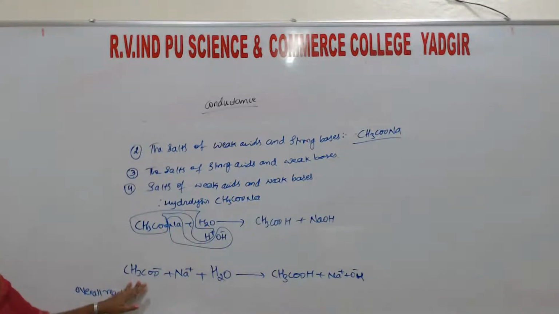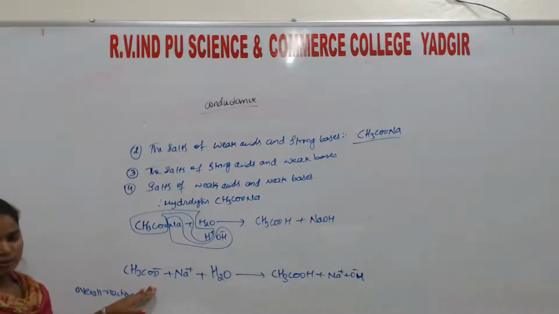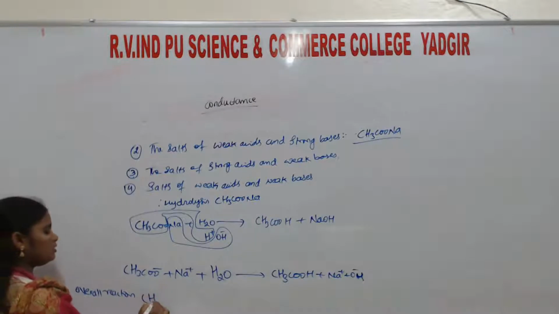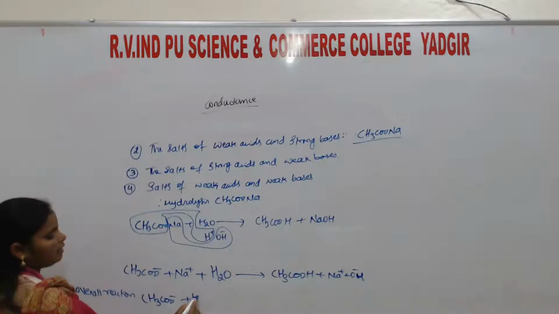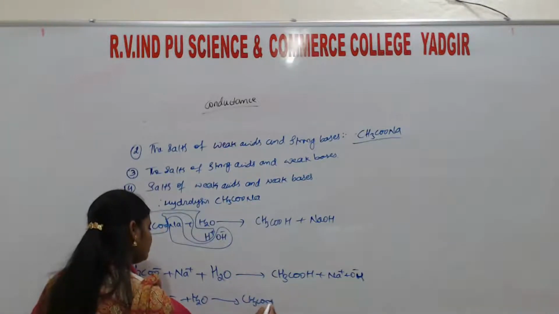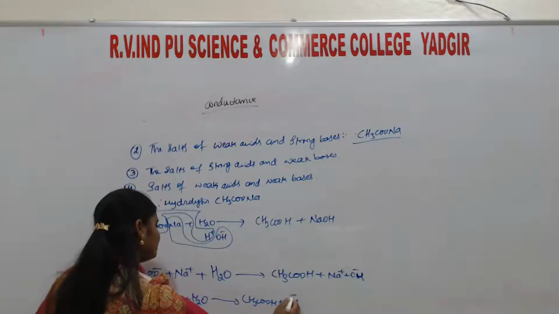Here, the overall reaction is acetate ion and H2O, you get CH3COOH and OH minus. This is CH3COO minus plus H2O to form CH3COOH plus OH minus.